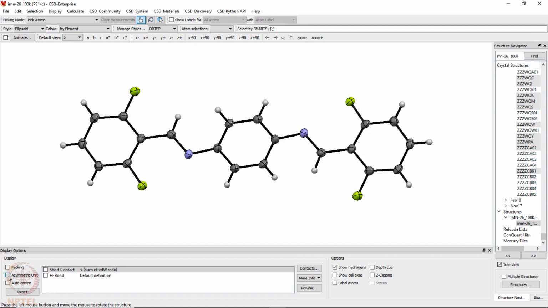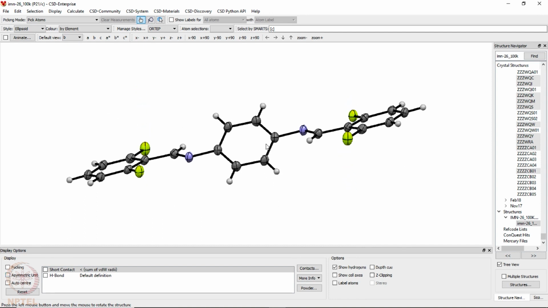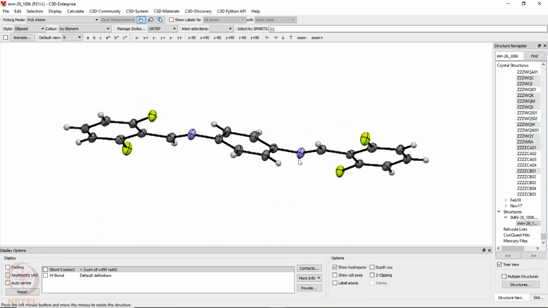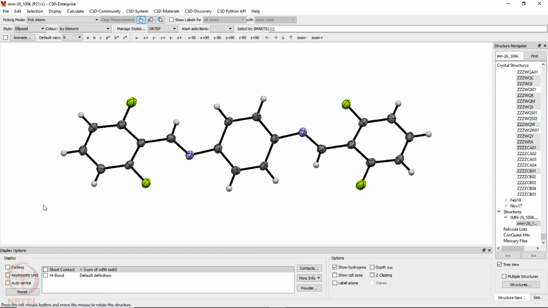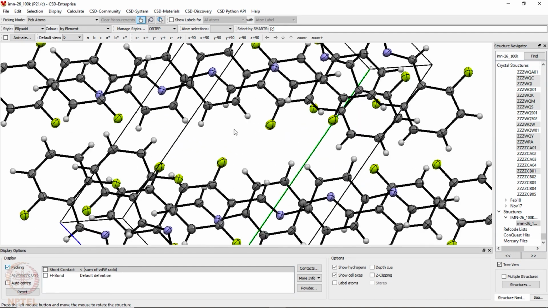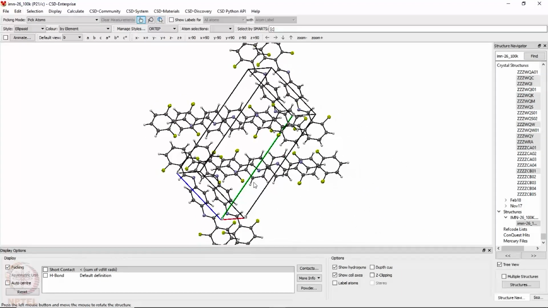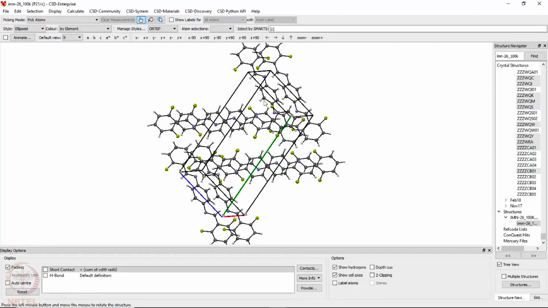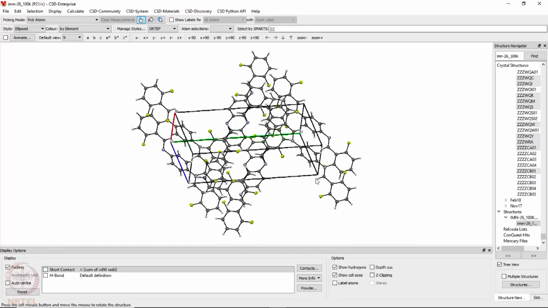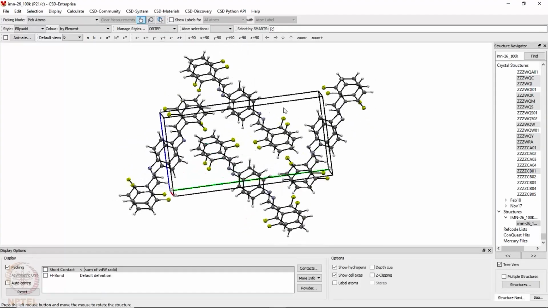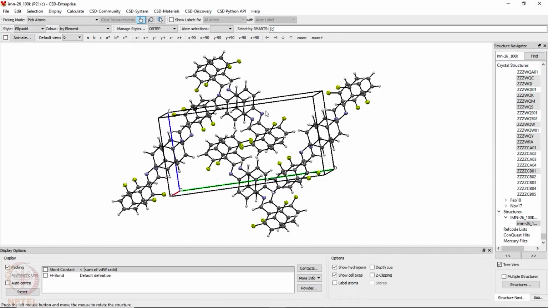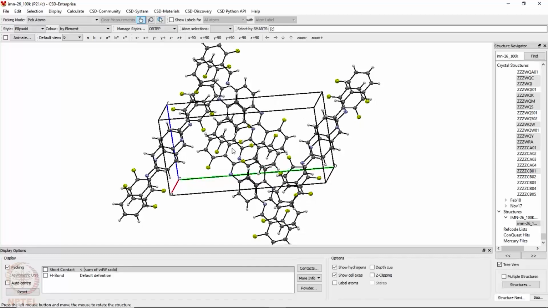When you click asymmetric unit, it only shows what is there in the asymmetric unit. If we untick it, it shows the full molecule. So this is the full molecule for which we have determined the structure. In this case, one can draw the packing diagram and see how the molecules pack in a monoclinic unit cell. One can generate publication material using this software for different molecules with different orientations of packing.